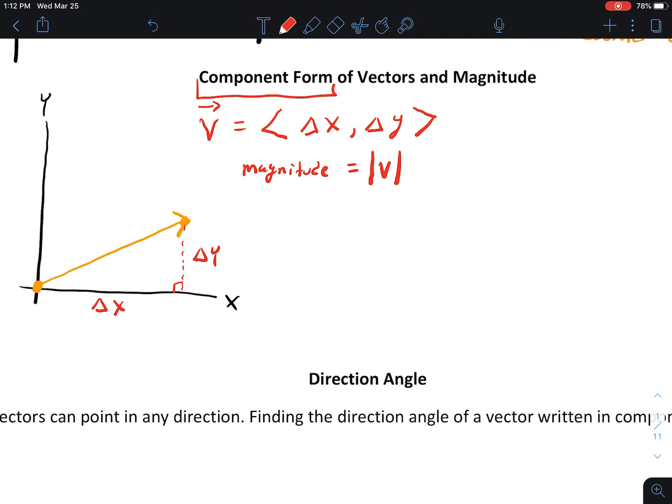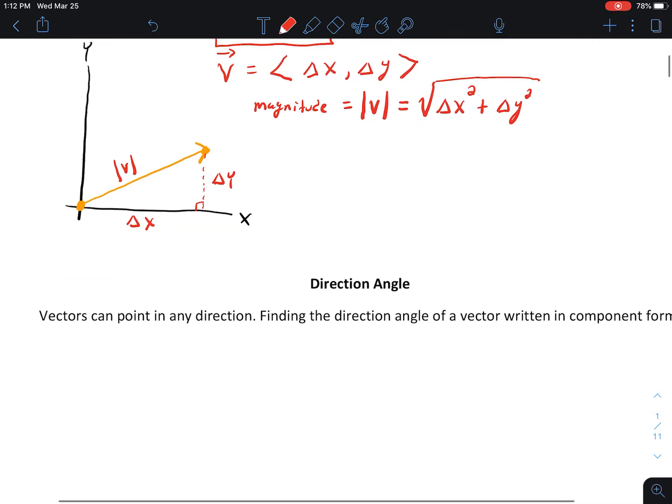Now, if I refer back to this right triangle, the magnitude of vector v is the hypotenuse of that. And so you would use Pythagorean's theorem where I'd go leg squared plus leg squared equals hypotenuse squared. And if I took the square root of that sum, the magnitude of a vector is the square root of the change in x squared plus the change in y squared. So that tells me how long the vector is. So it's nothing more than using Pythagorean's theorem.